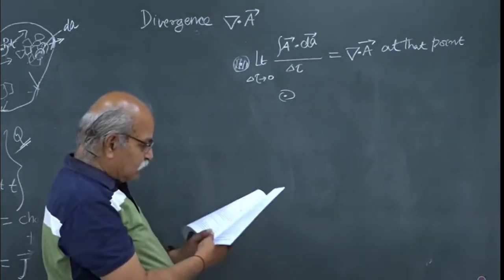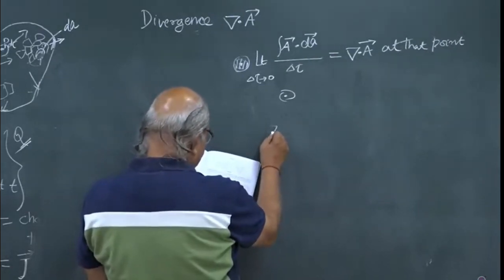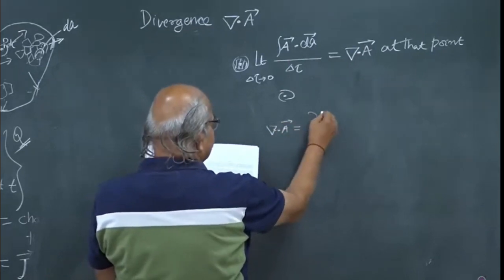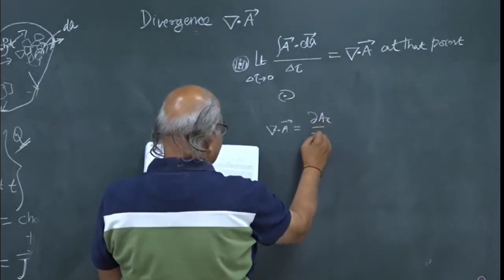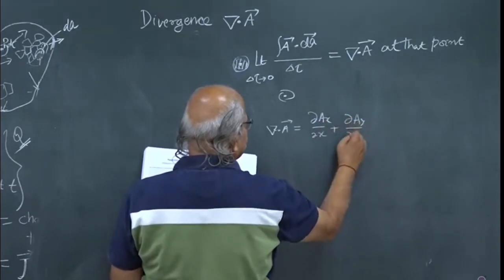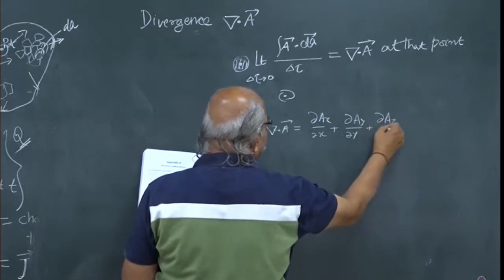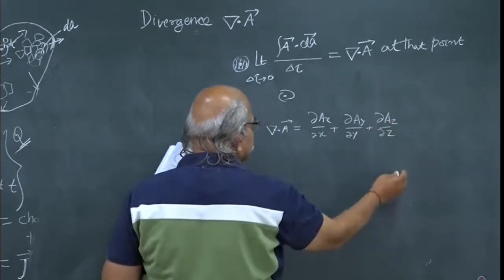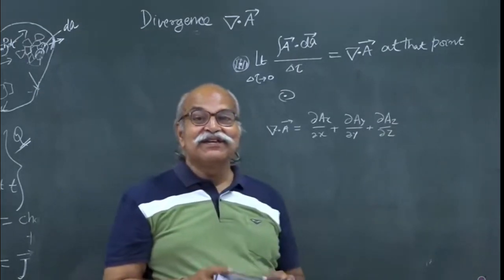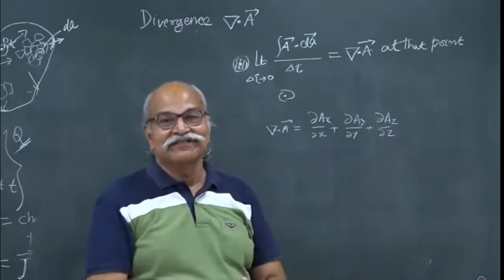If you are using Cartesian coordinates, then the divergence of A is the partial derivative of Ax with respect to x plus the partial derivatives of Ay and Az. This electromagnetism is a very nice topic to revise all your mathematics.